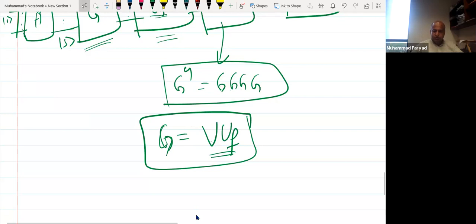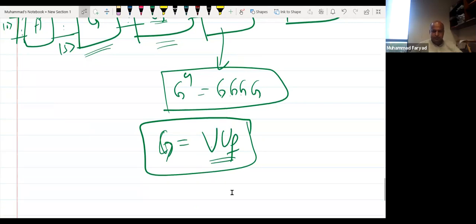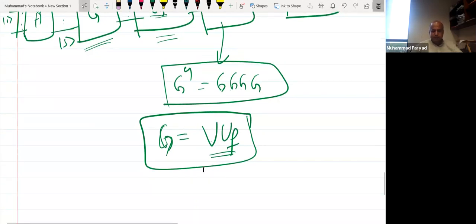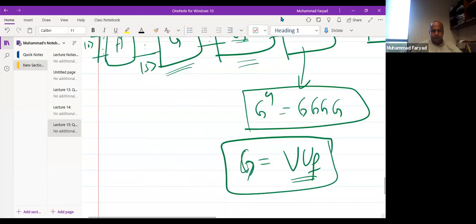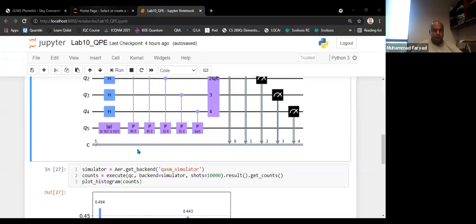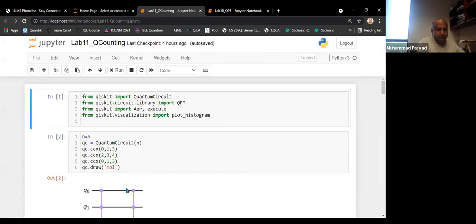And let me show you an implementation. So let's start to go through the second notebook.